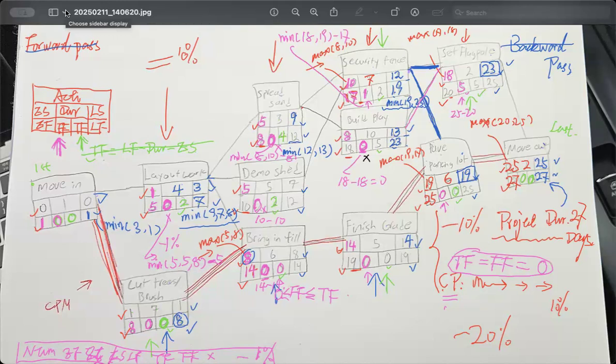So for those, let me change to yellow. The move in is a critical activity. Cutting is a critical activity. Running is a critical activity. Finish grade is a critical activity. Paving is critical. Move out is a critical activity.